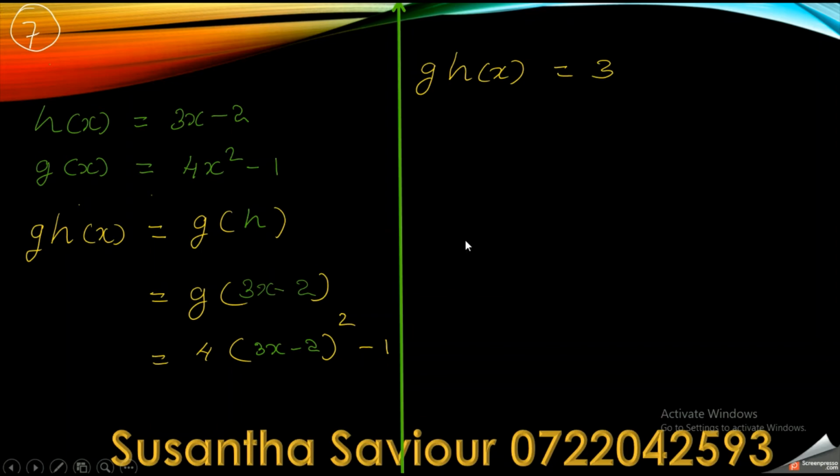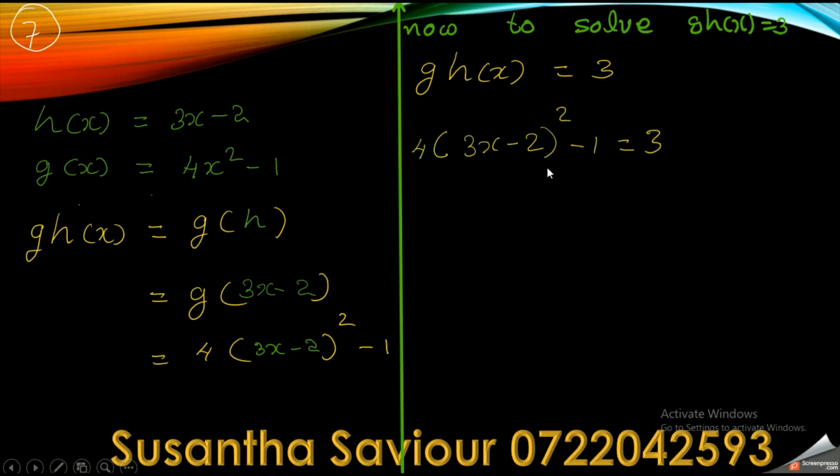Next what? We are supposed to solve this equation ghx equals 3, right? ghx is this and equals 3. So take this one to the other side, right?